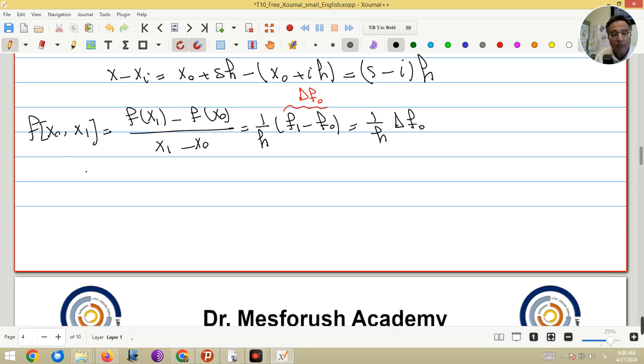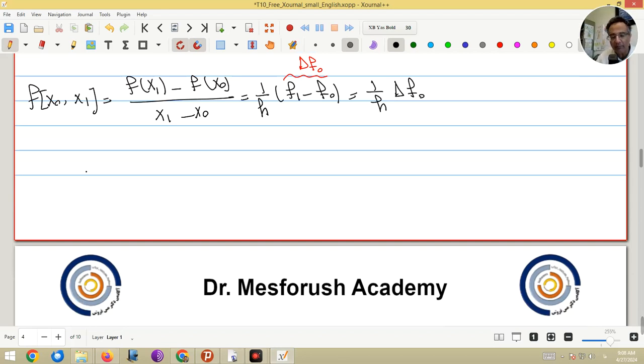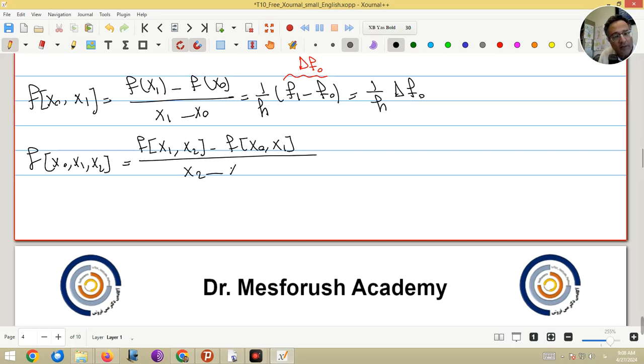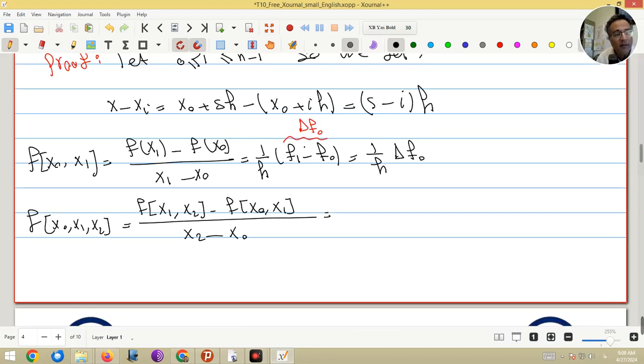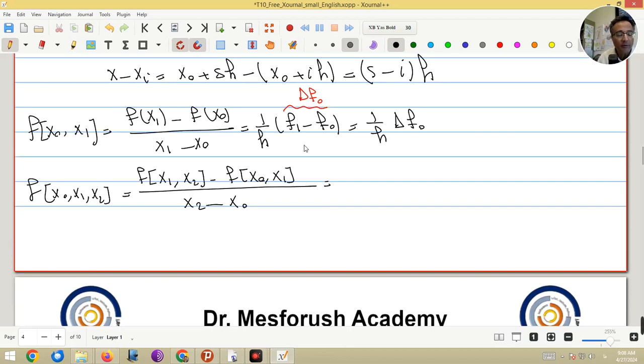Now let me do some more computation to find something more. Let me compute f of x0, x1 and x2. By the definition of the divided difference, it will be f of x1, x2 minus f of x0, x1 over x2 minus x0. Here I know that this is x2 minus x0, because of the equidistant points.